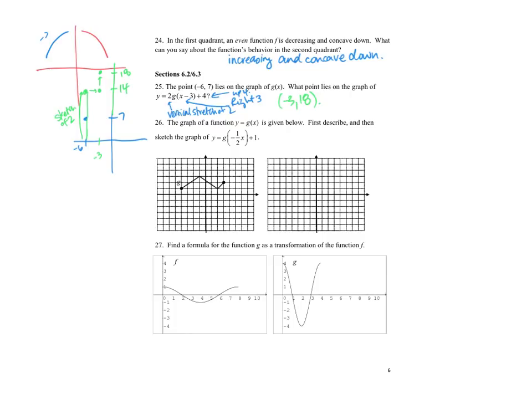It says the graph of the function y equals g of x is given below. So for this function, this negative sign here is going to be a flip about the y-axis.